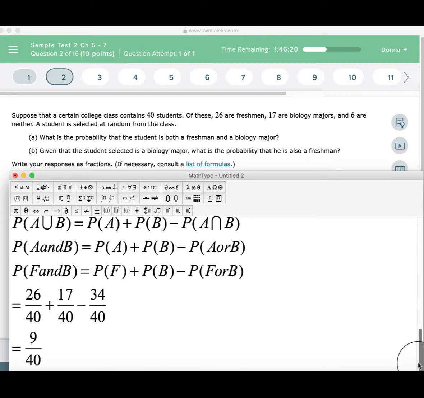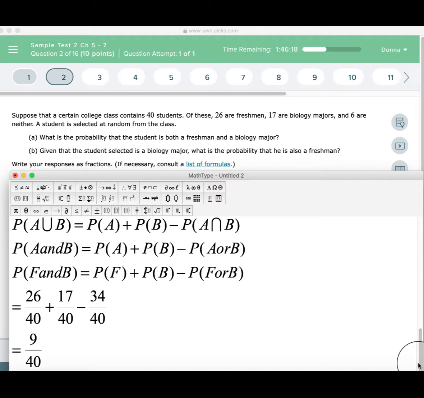That's for part A. Part B says, given that a student selected is bio, what is the probability that he is also a freshman? So I'm going to teach you a wonderful way to make sure that you get this second question correct, and it's being able to translate. So we're going to take the word given and represent it with a vertical line segment.